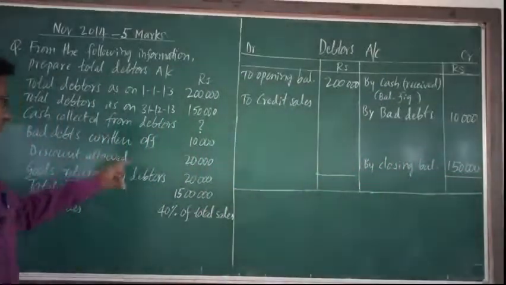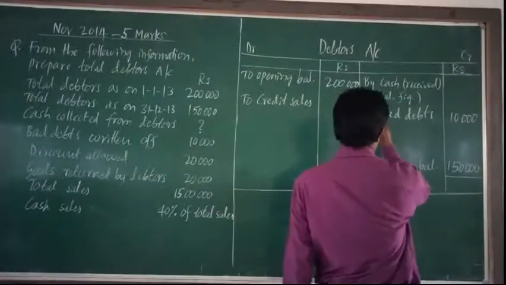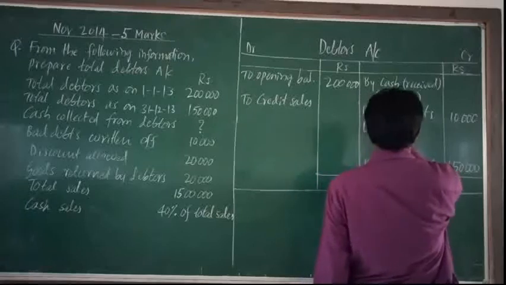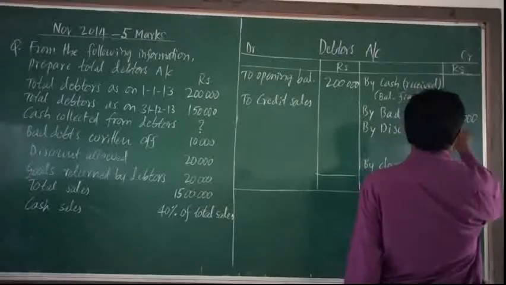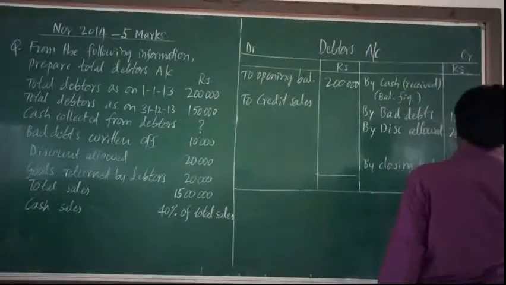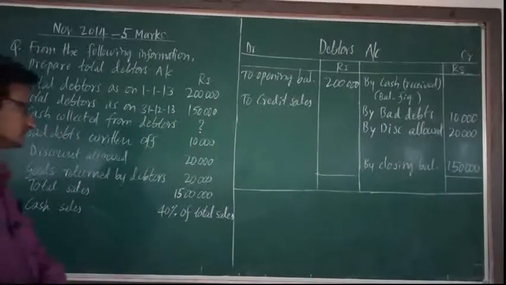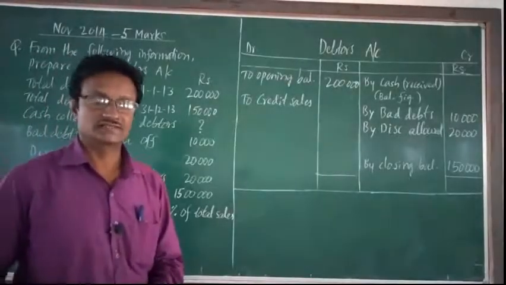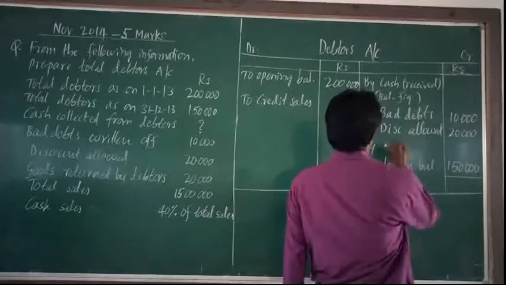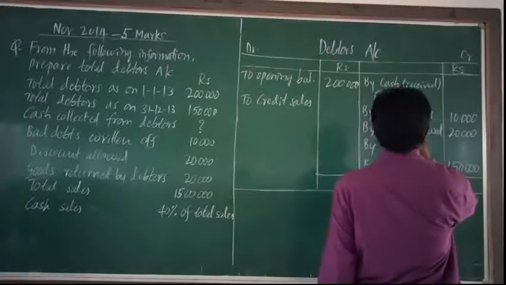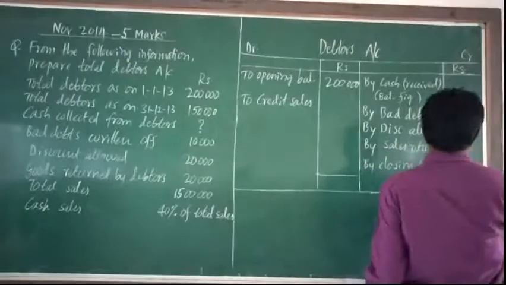Next item is discount allowed. That is 20,000. It has to be also entered on the credit side as by discount allowed. Next item is goods returned by debtors. This is nothing but sales returns, so it is also entered on the credit side as by goods returned or sales returns. That is 20,000.